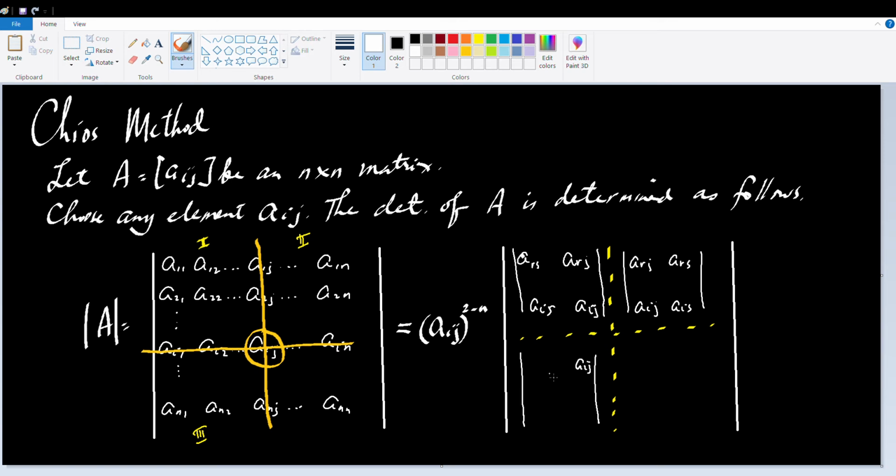This is your Aij, Ais, Ars, Arj. And finally, for quadrant 4, for each entry the replacement will be the determinant of a 2 by 2. This is the location of Aij, and here is your Ars, Ais, Arj.